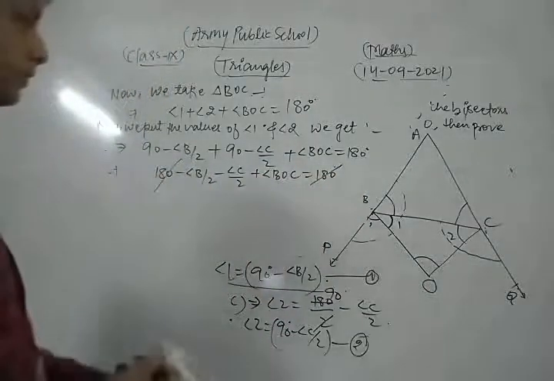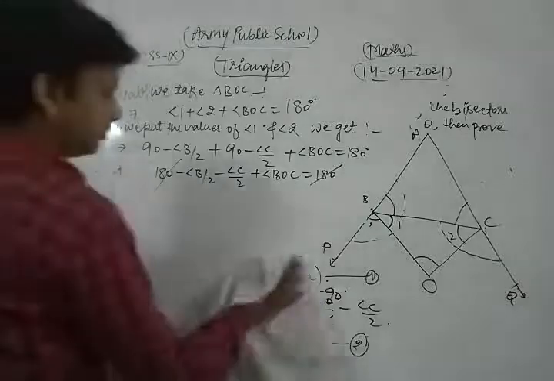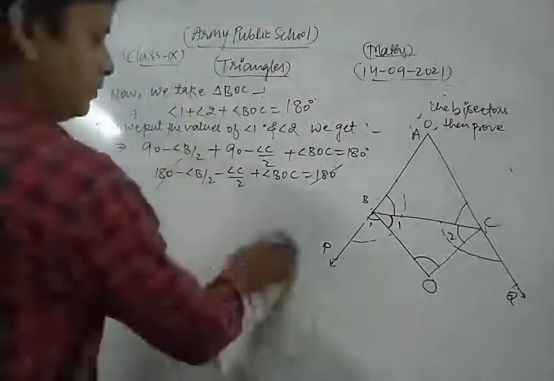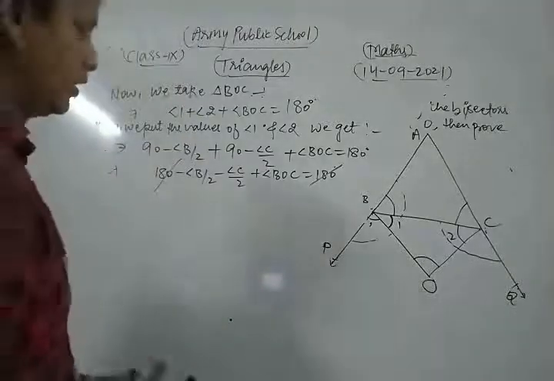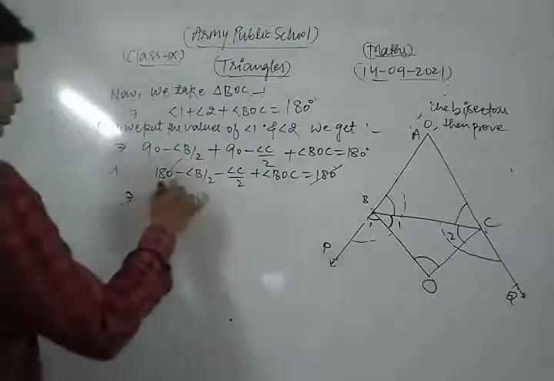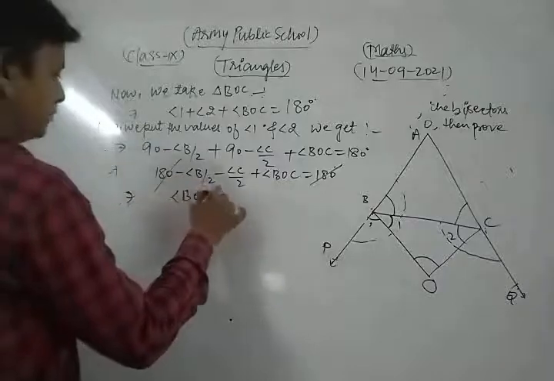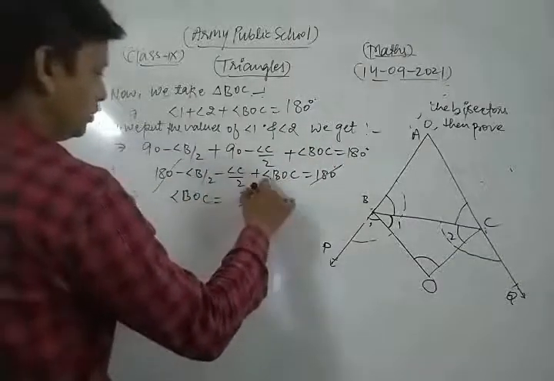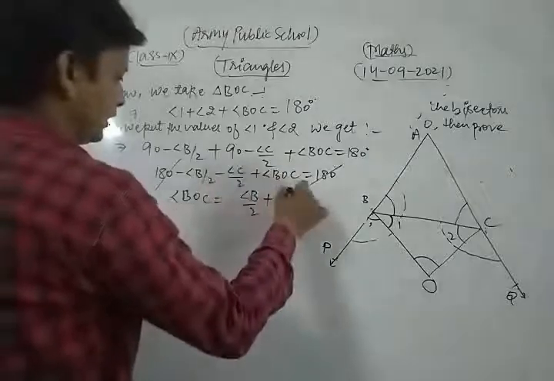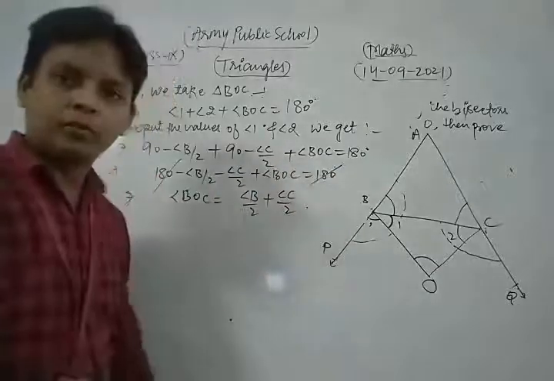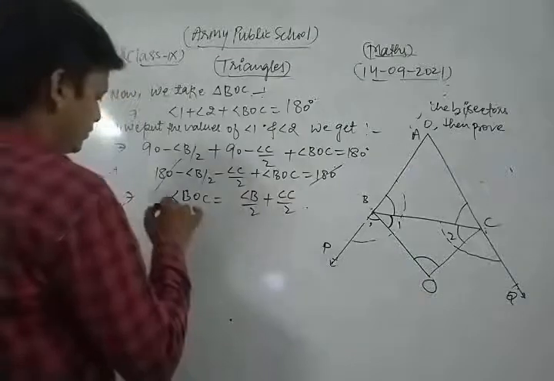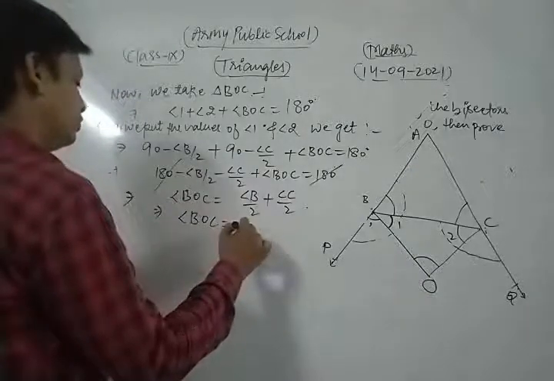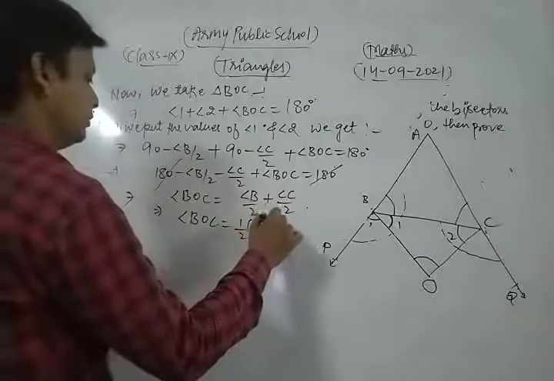Now the value of angle BOC is equal to, transferring that side, angle B by 2 and also angle C by 2. Now if we take 1 by 2 as common, we get angle B plus angle C.